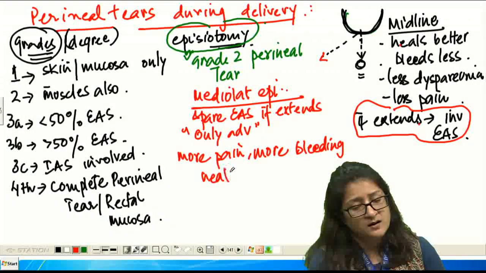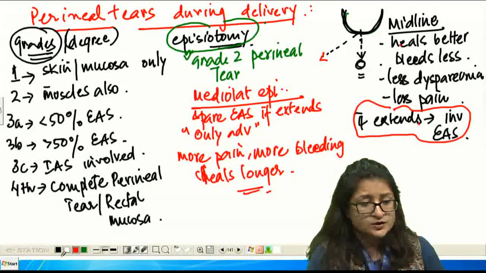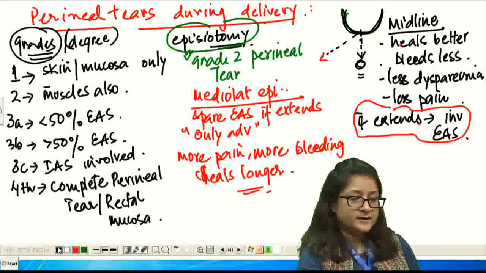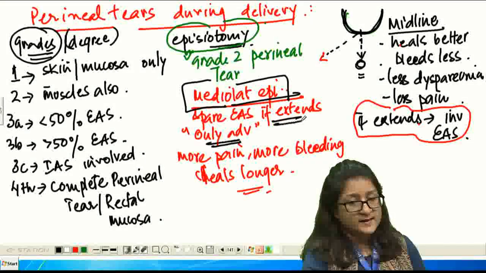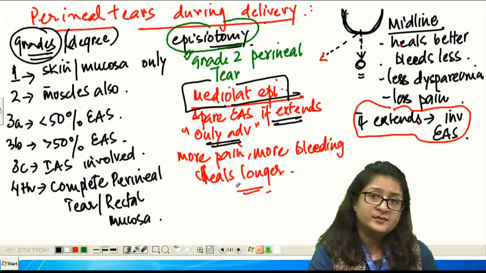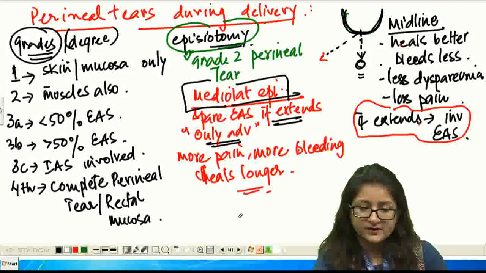It takes longer time to heal. So we have to balance the advantage with the disadvantage. So the only advantage is this, that is why mediolateral episiotomy is usually preferred.